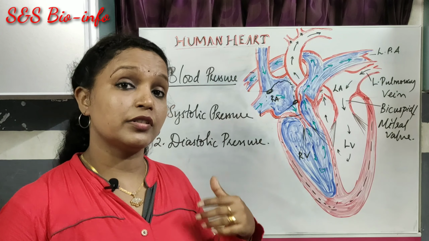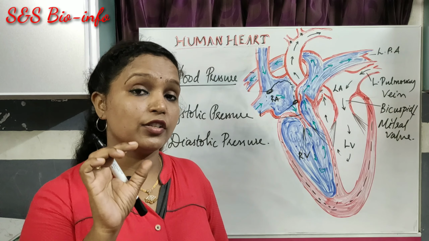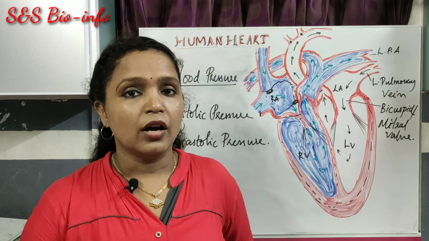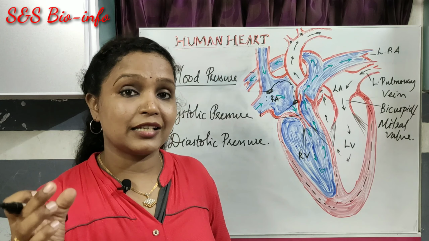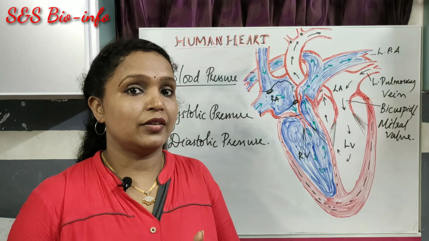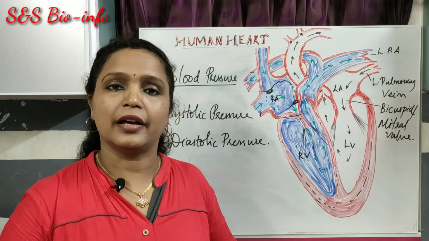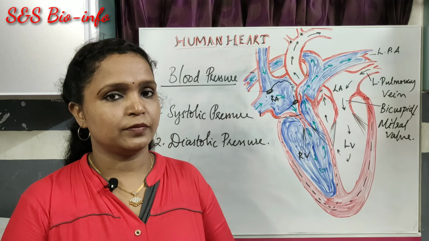So, have you heard about systole and diastole? Systole is the contraction phase of the chambers of the heart, while diastole is the relaxation phase of the chambers of the heart. So, ventricular contraction, ventricular relaxation, atrial contraction and atrial relaxation.